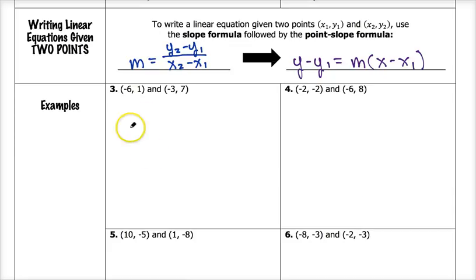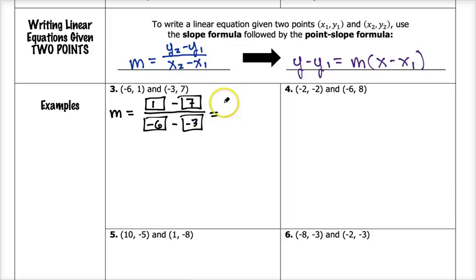So for number 3 here, if I know a line passes through -6, 1 and -3, 7, then I can find the slope of that line by finding the change in the y values divided by the change in the x values. So my y-coordinates are 1 and 7. My x-coordinates are -6 and -3.